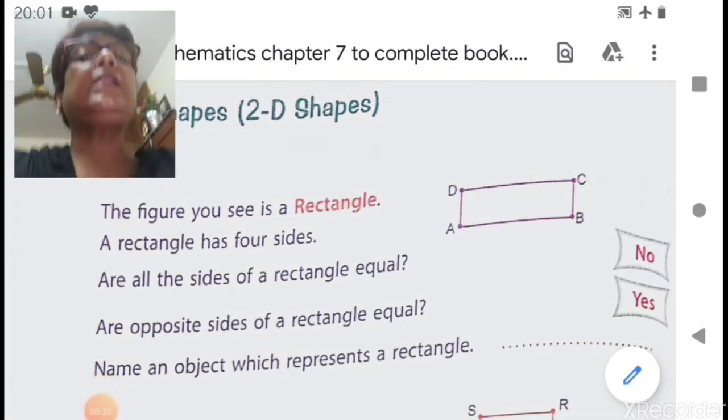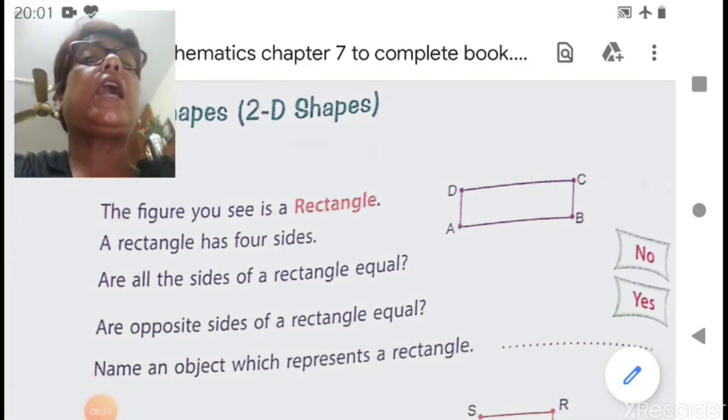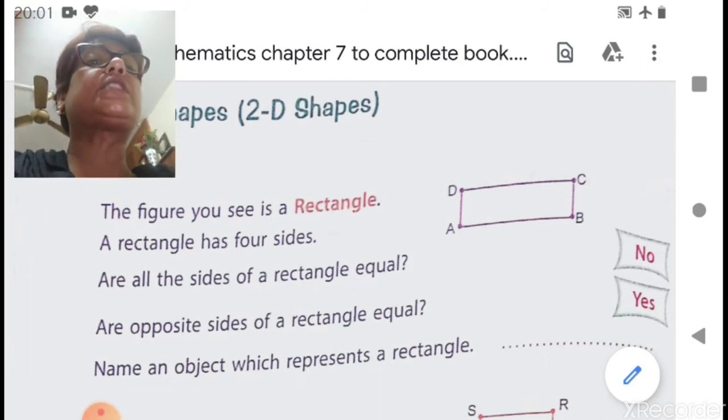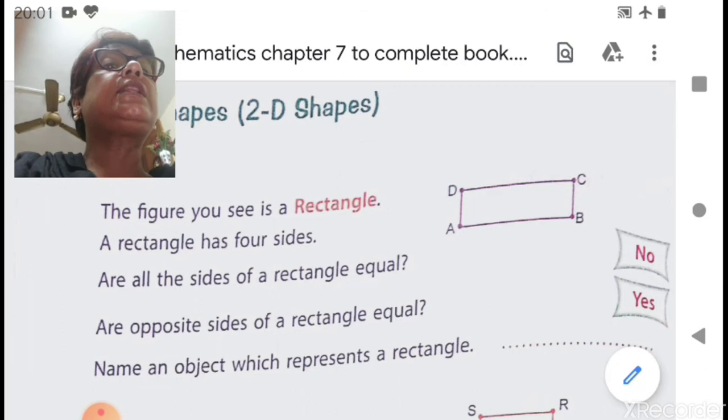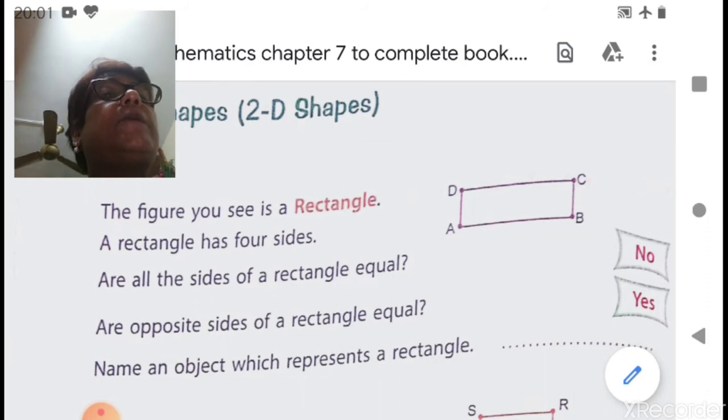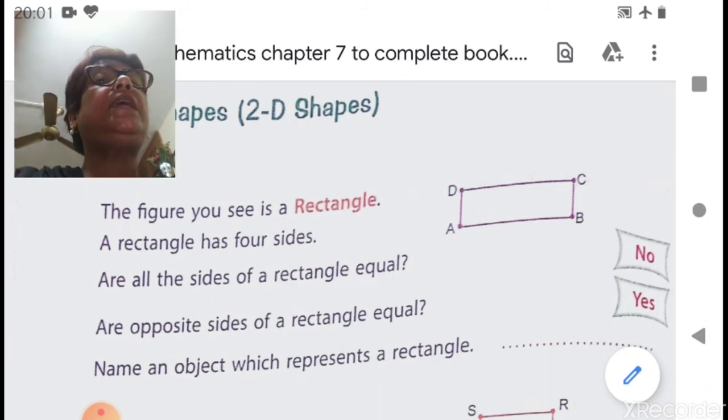In a rectangle, there are four sides and the two opposite sides are equal. Okay, opposite sides are equal. You can see the sides AB and CD. The lines AB and CD are of same length, and line BC and AD are of different length.